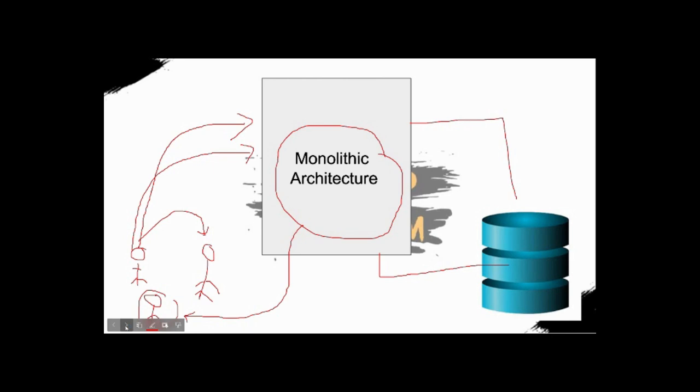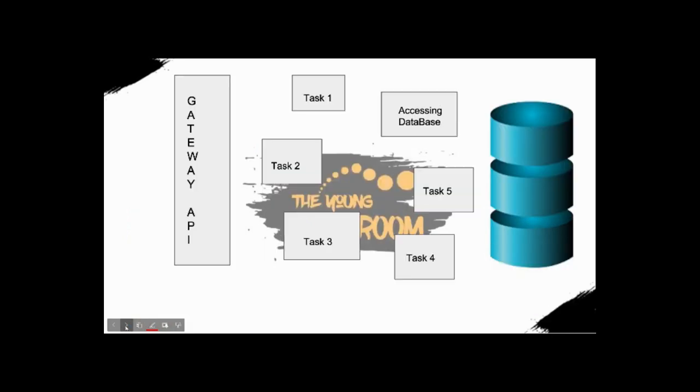And let's look at a microservice architecture. So in a microservice architecture, you have got a request. Your gateway API is processing this request.